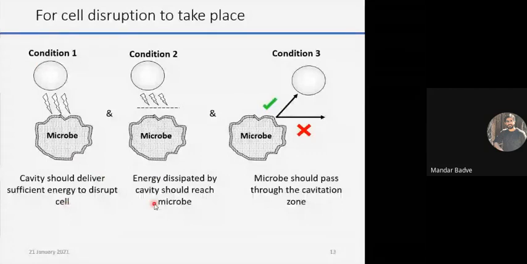Because these hydroxyl radicals are highly reactive, their half-life is very short, a fraction of a second. Then your hydroxyl radical and your pollutant molecule should be in the vicinity of each other, so that it reacts quickly and oxidizes the pollutant. To increase that probability or efficiency, you keep passing your wastewater through the cavitation zone, so that you get more and more oxidation and eventually more and more degradation of your wastewater.